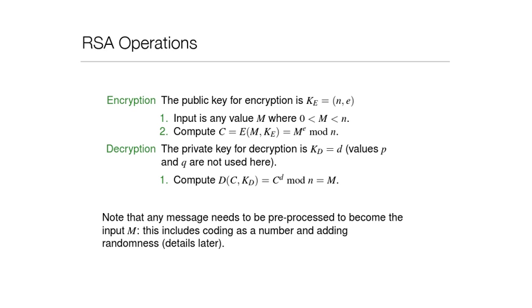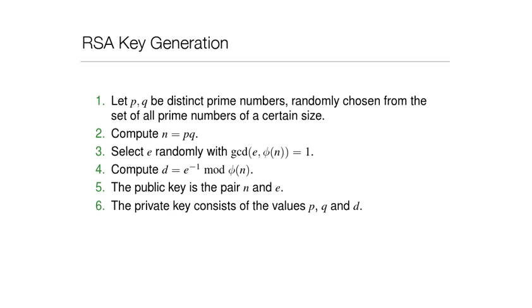And in this case, we talked about how the encryption and decryption happens in RSA, and we know that here the P and Q values are going to be secret, while the N value, the product of P and Q, is public. Why do we need to keep P and Q secret?